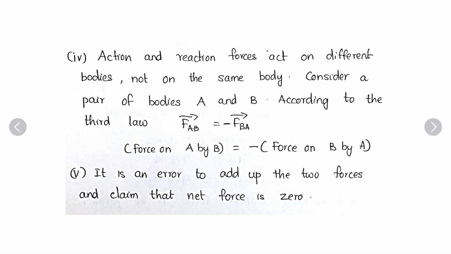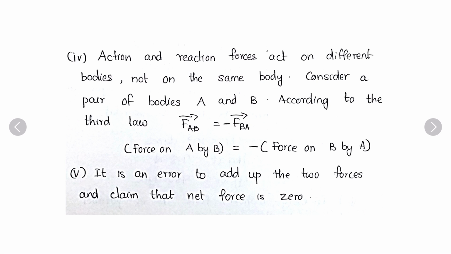The book is subjected to two forces, one is weight, another is normal reaction. The two forces are working on the same body, so you can add them. But here these two forces are not on the same body. One is the force on A because of B, another is the force on B because of A. So you cannot add them and say that the net force is 0. That is a wrong statement.